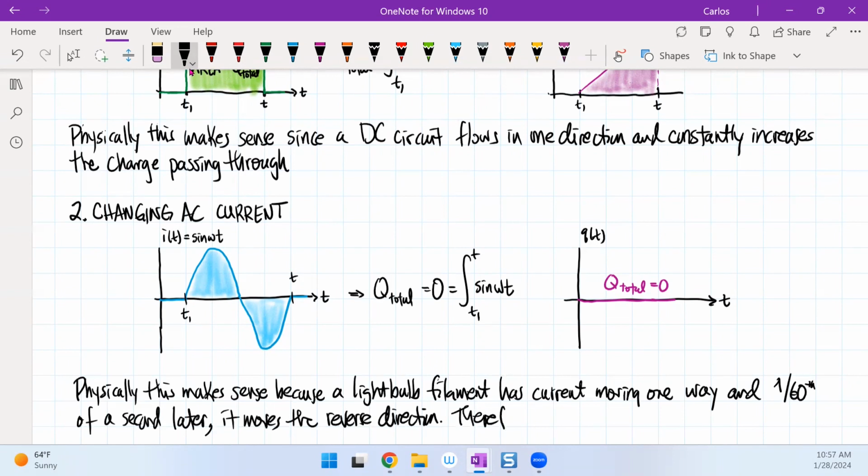Therefore, there is no net charge transfer.